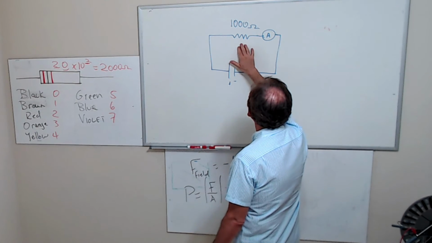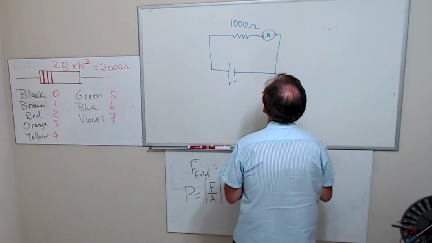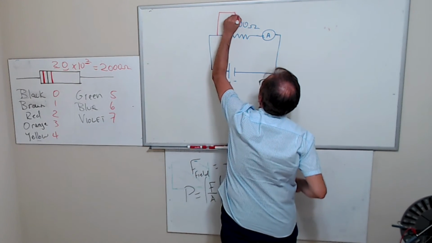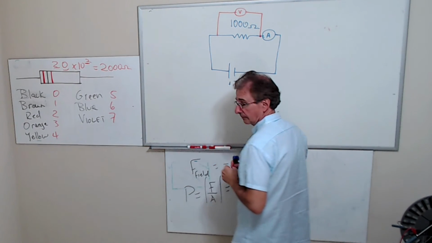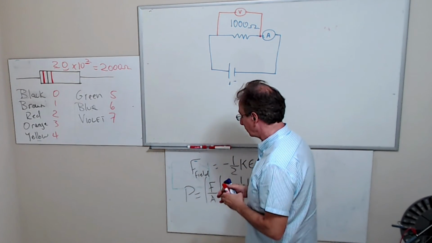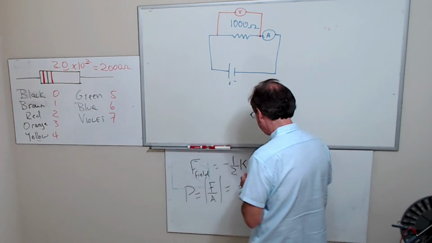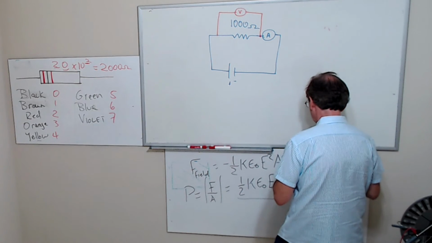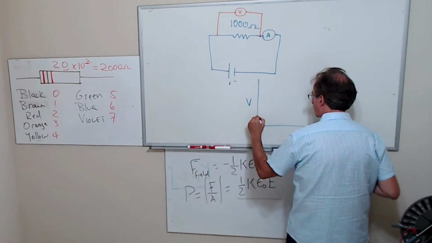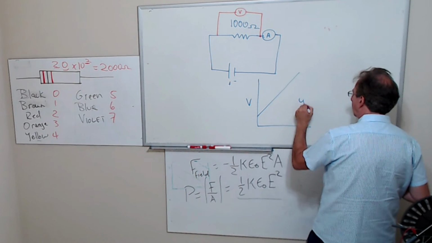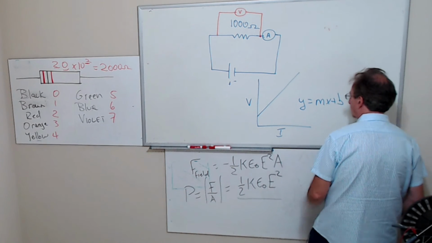Okay, so you use your 1,000 ohm resistor. You're measuring the current. But you also got to measure the voltage. And you're going to plot voltage as a function of current. You're going to get a graph. You're going to fit to y equals mx plus b.